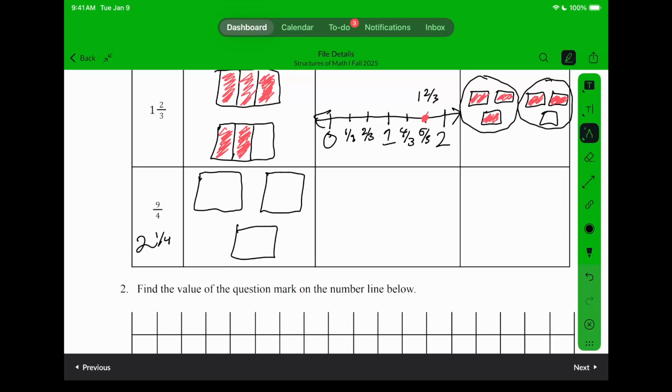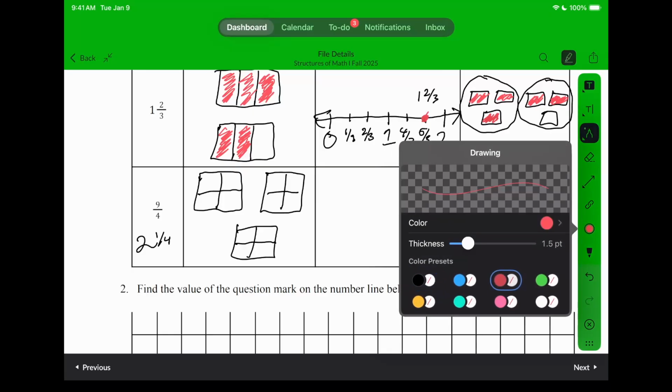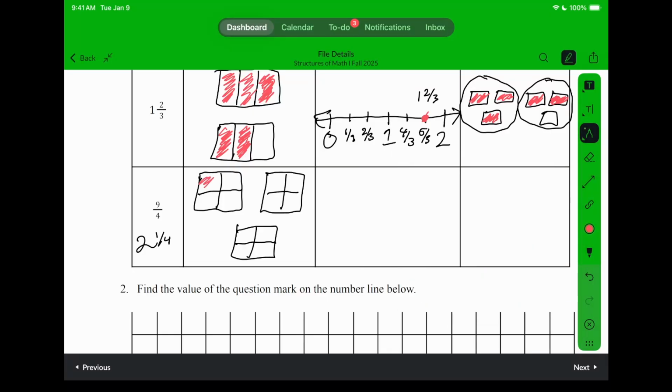I'm going to draw these squares, split them like this, and then we can grab our different color, shade all 4 of these because we have 1 whole, shade all 4 of these because that's a second whole, and then 1 of these. That shows our 2 and 1/4.